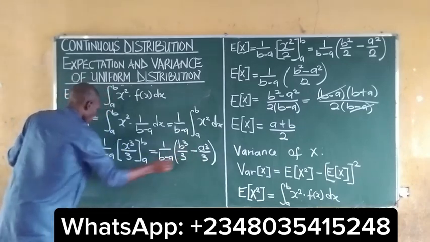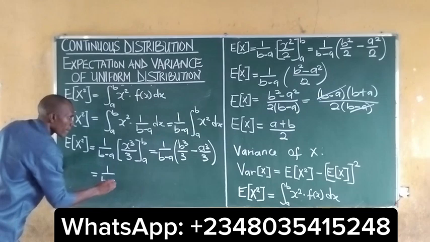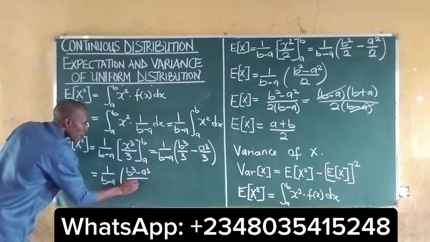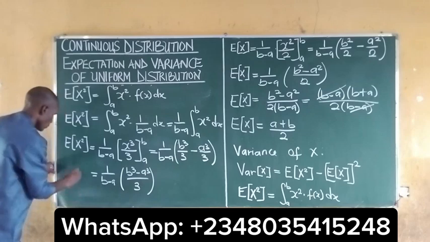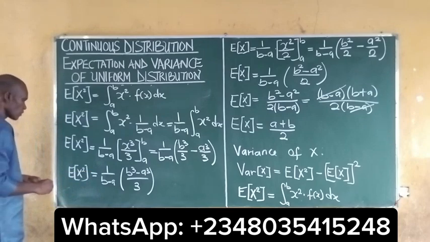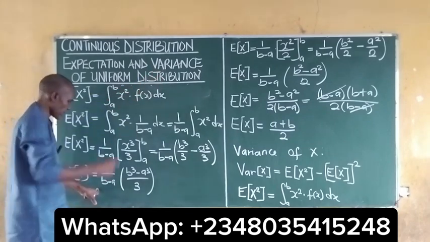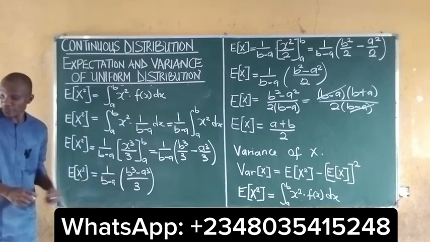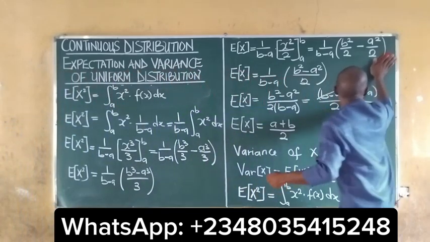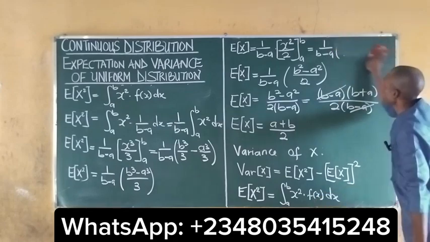Since they have the same denominator, we have 1 all over b minus a into b cubed minus a cubed all over 3, which is our expected value of x squared. So, our expected value of x squared, we'll write it over there. We just multiply this by what we have here. So, we'll move over to this side so that we can write our expected value of x squared there.